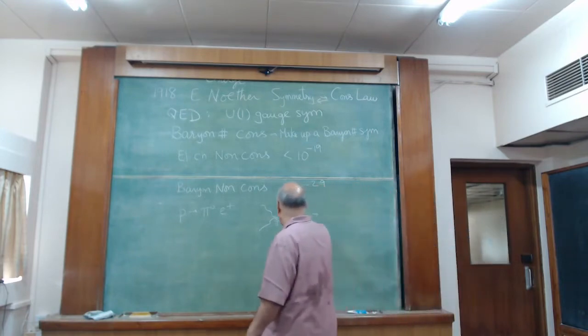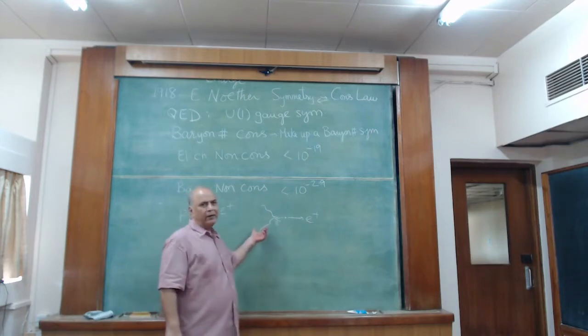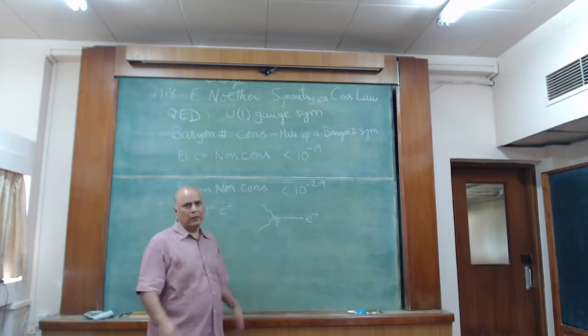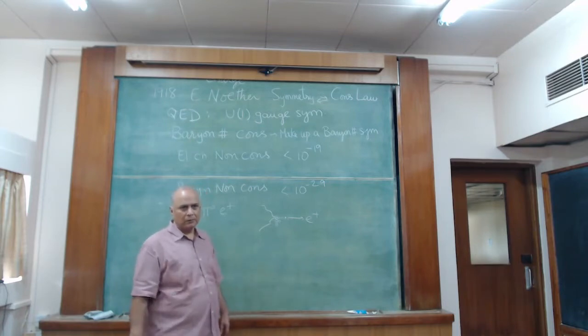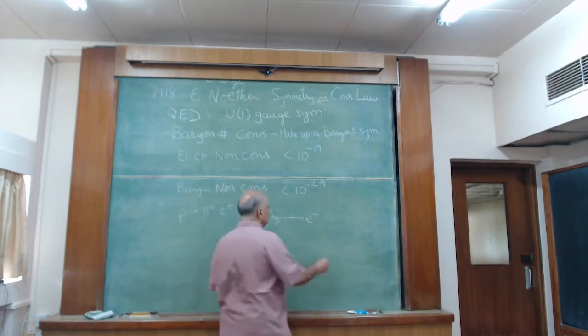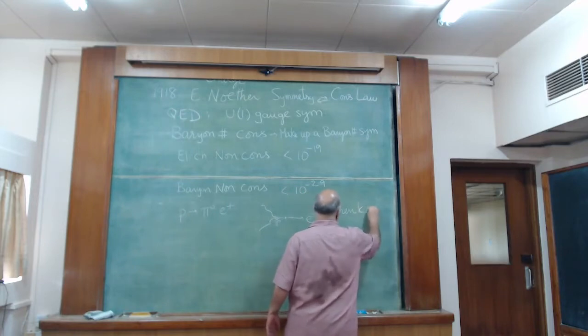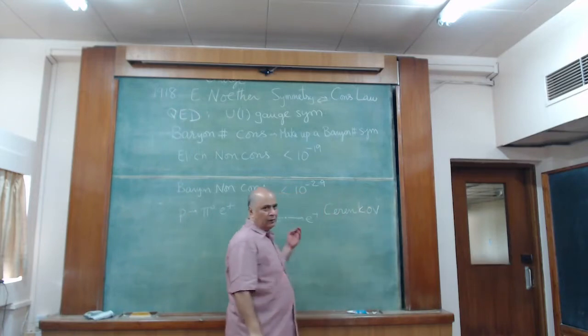So detecting the positron and similarly detecting these 230 MeV photons, that was a big challenge, and it could be solved through these Cherenkov detectors.